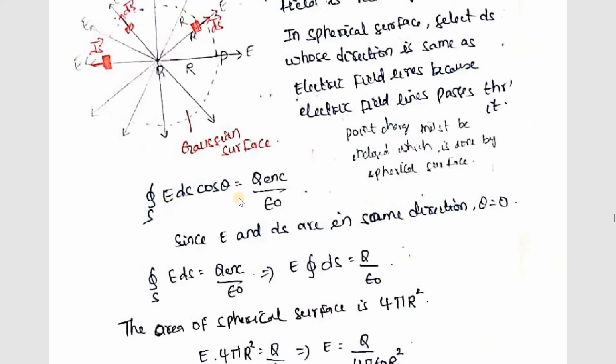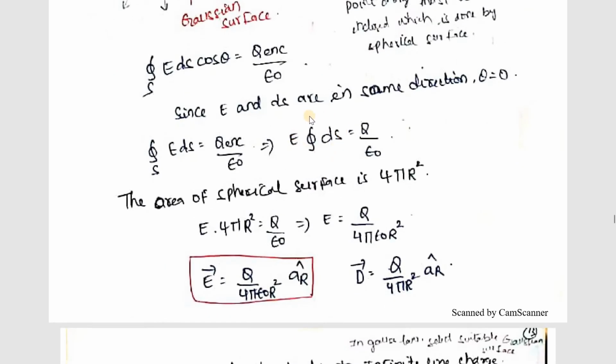We get E ds is equal to Q enclosed by epsilon naught. So E integration ds is equal to Q by epsilon naught. This integral is nothing but the area of the spherical surface. Since the Gaussian surface we consider is a sphere, the area of that sphere is 4 pi r square.